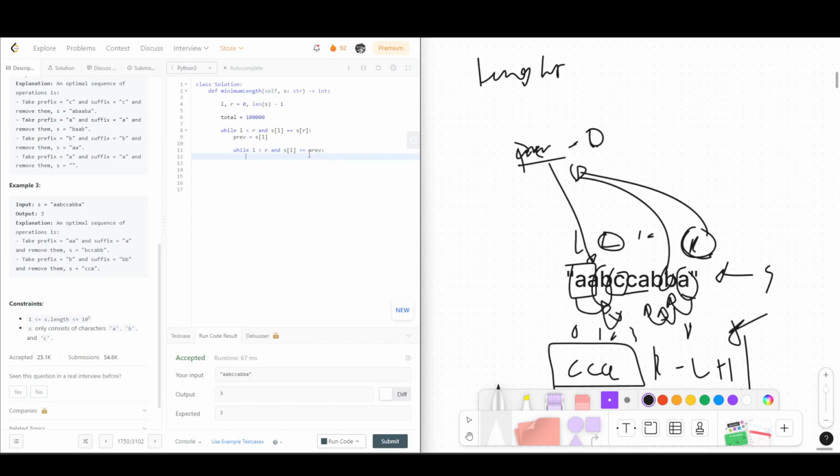Because we are comparing R with the previous value where L is already running at. So forward, same thing comes here.